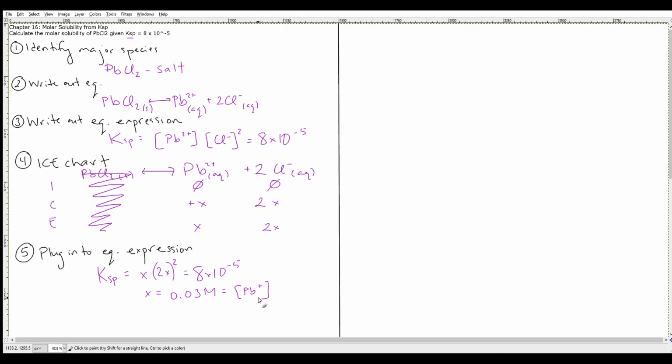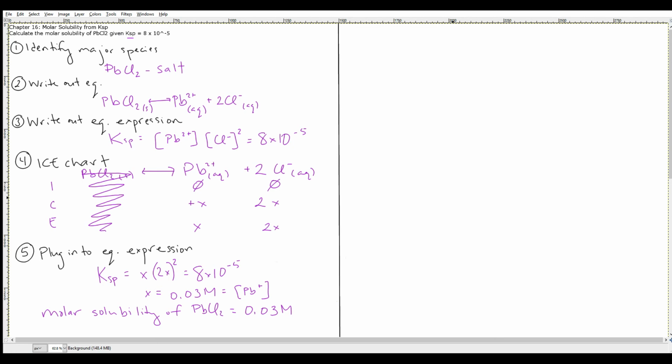And I know that I have a one-to-one between lead and lead chloride, so that means that the molar solubility of my lead chloride must be 0.03 molarity. In other words, that's a saturated solution there, 0.03 moles per liter.